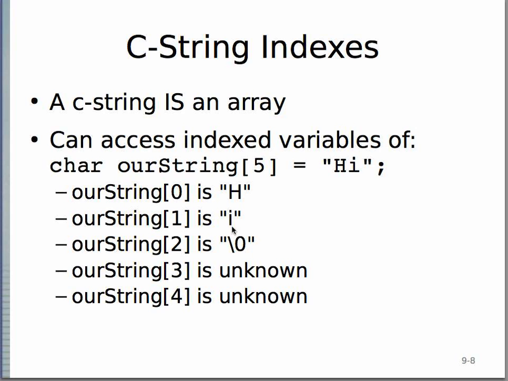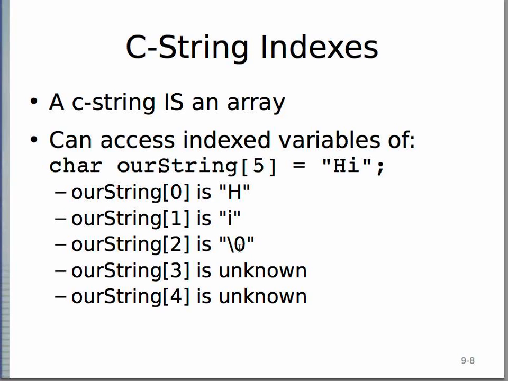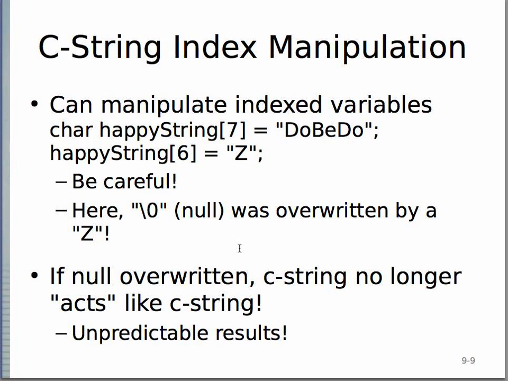Or you can have some characters, and then somewhere in this array you need a \0, a null termination character. Okay, so with C-style strings, we can go in there and change different locations of this array.